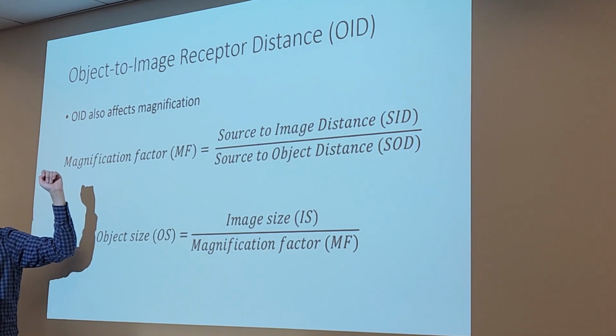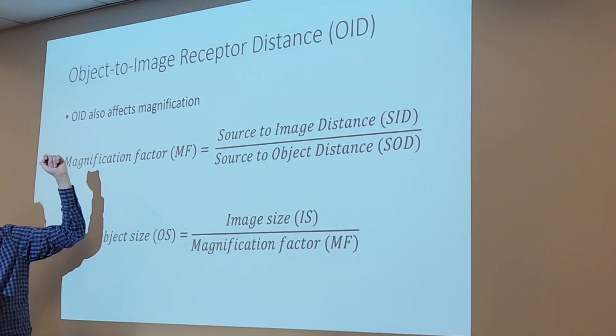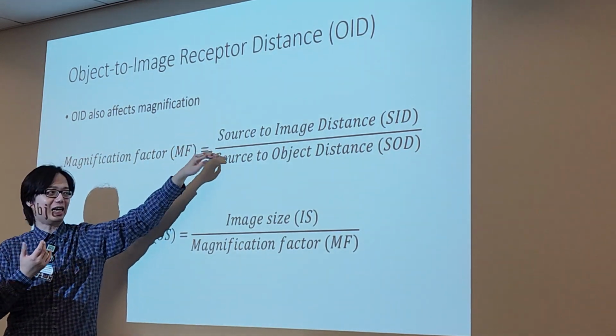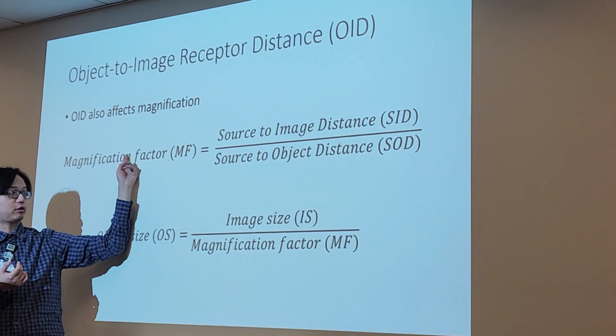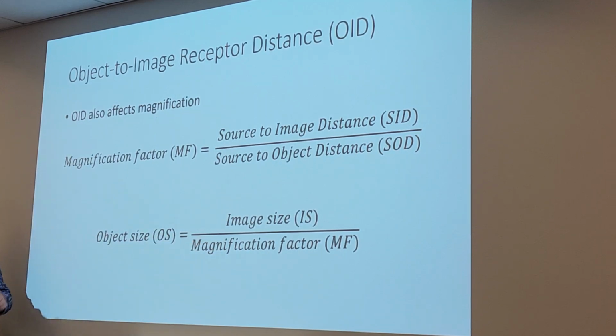Can you give us a worksheet? I can give you a worksheet, yes. I also could give you SID, SOD, and image size. So you need to calculate your magnification factor first, and then use it here to get your object size.